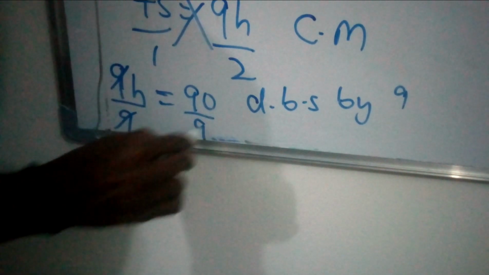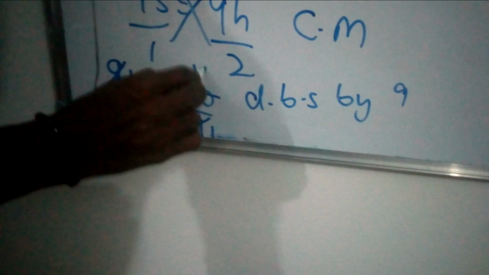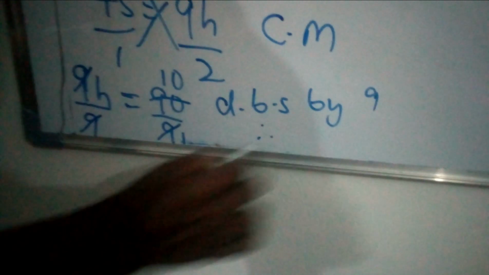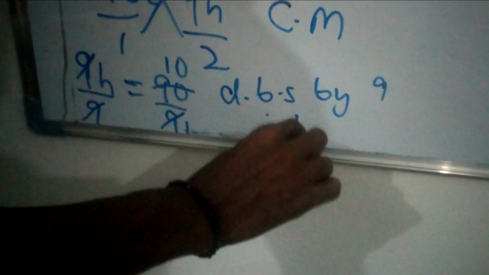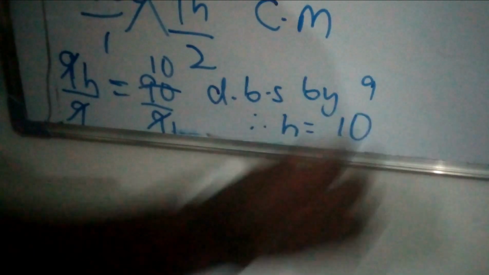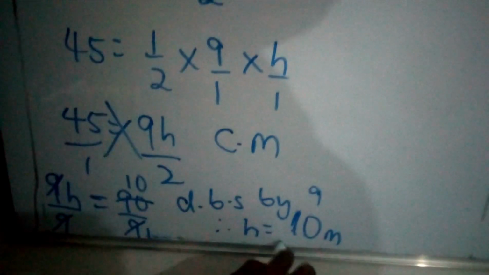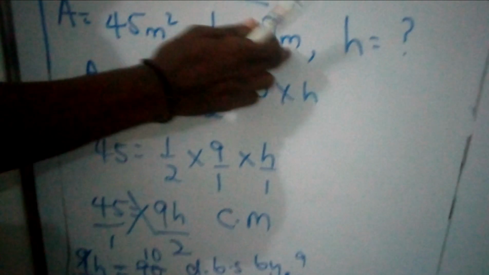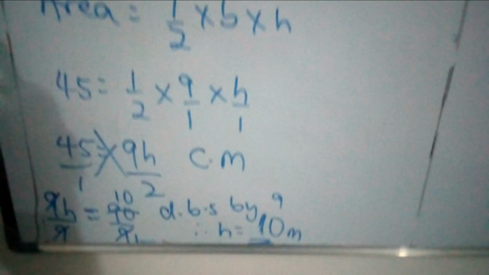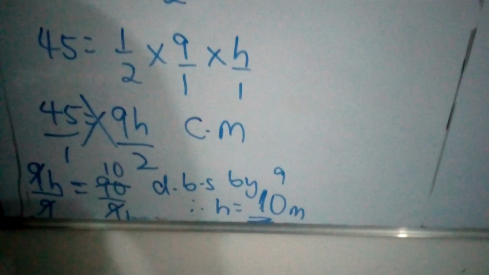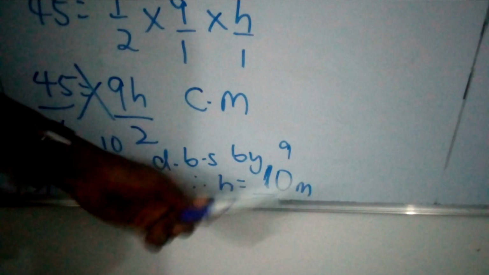We cancel 9. 9 here is 1, and 9 in 90 is what? 10. Therefore, h is what you have left here. h equals 10 what? Meters. Why is it meters? Because my area is in meters squared and my base is also a meter. So the height for this particular triangle is 10 meters.